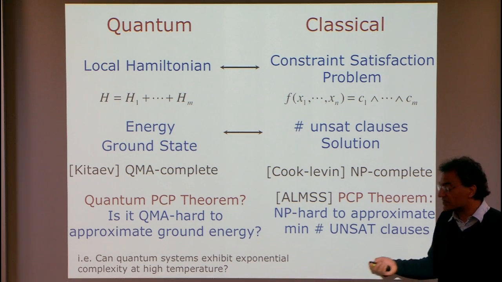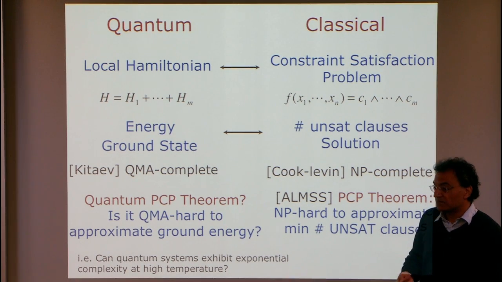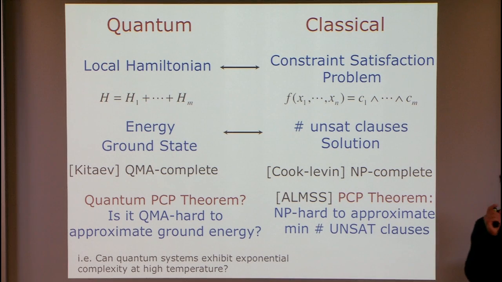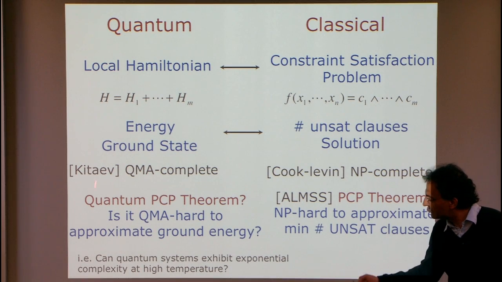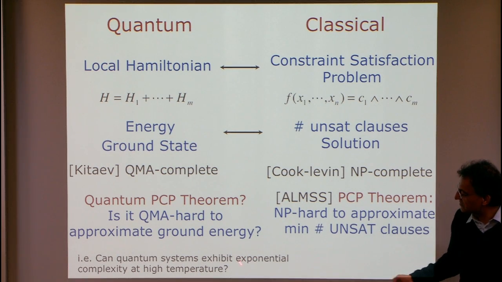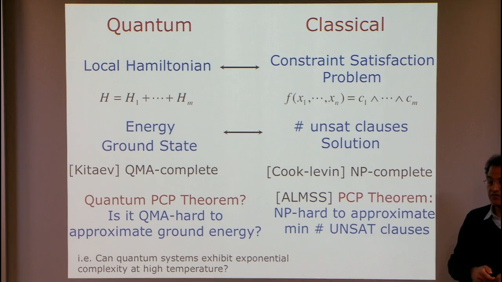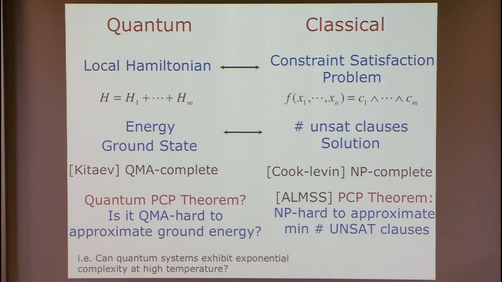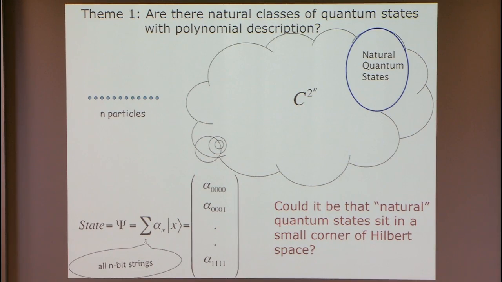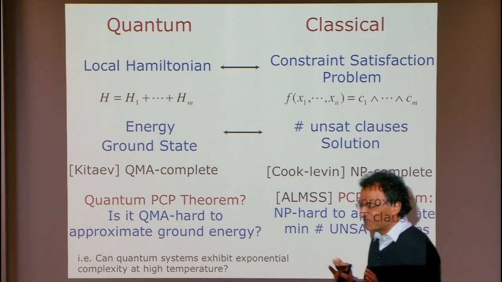Now, if there was such a quantum version of the PCP theorem, then we'd have quite an interesting interpretation, which very loosely you could say is asking the question, can quantum systems exhibit this kind of exponential complexity even at high temperature, even at room temperature? As I said, it's a very rough connection.